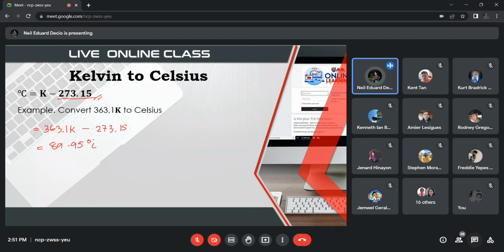So that is how you convert from Kelvin to Celsius. Okay? Basically, kasi they have the same scale naman, so plus minus lang tayo for Celsius to Kelvin, vice versa.